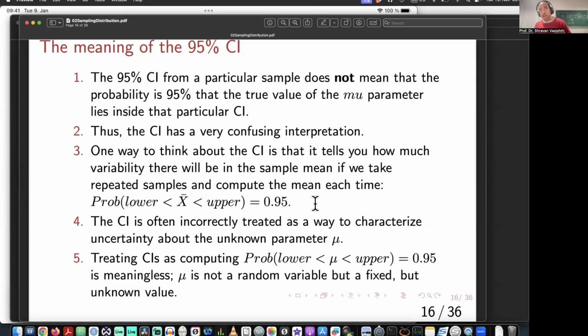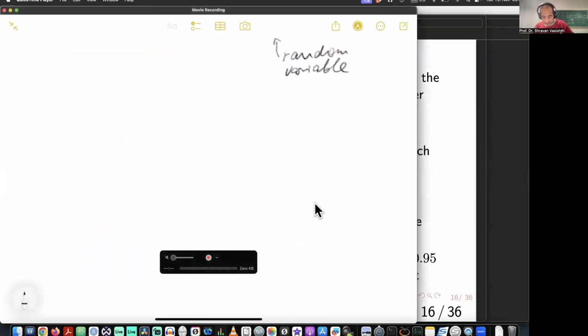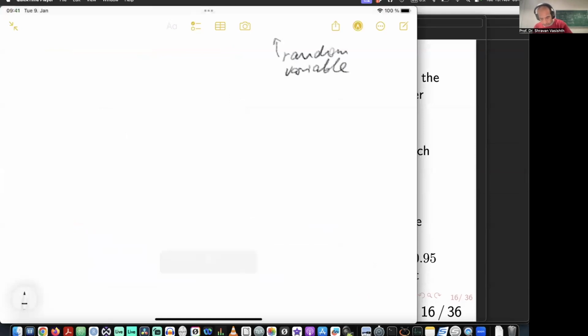So the practical consequence of all this, right, the reason I'm harping on and on about this, is that when you see a reported confidence interval like this one, let's go back here to my iPad, right? So let's say I report a 95% confidence interval like this one, my fictional example from before on the Stroop task, right?